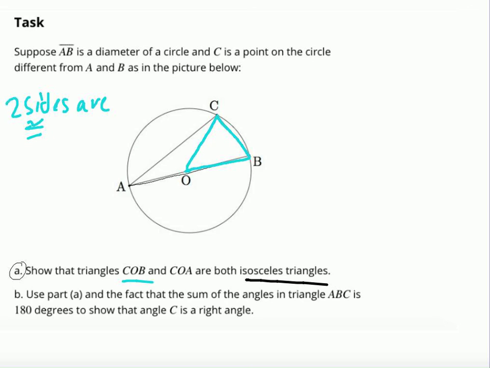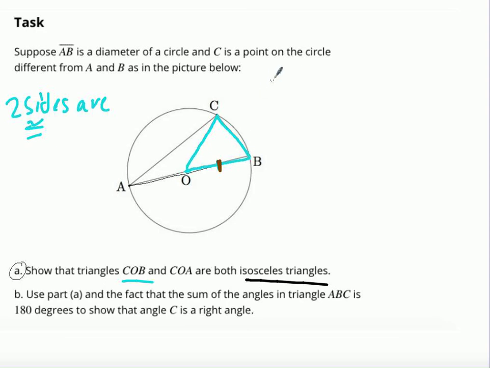Now, by looking at COB, we can see that this side OB is a radius. How do we know it's a radius? Because it starts at the center O, and the distance from O to point B, which is on the circle, is a radius.